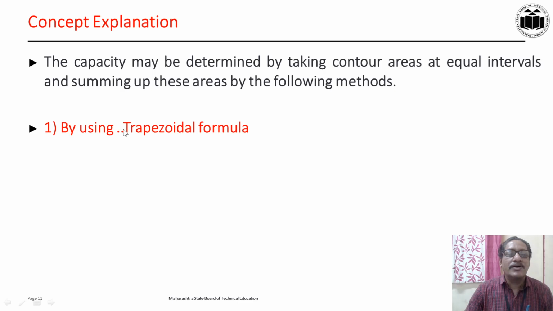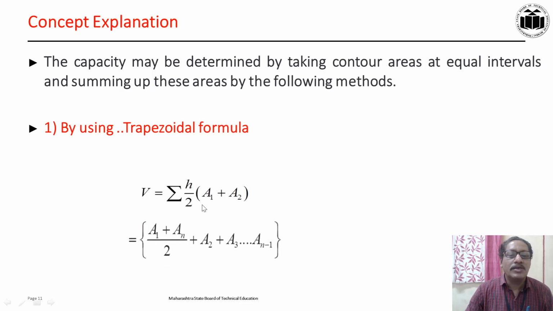The first is the trapezoidal formula, which is expressed by V equals summation of h by 2 into A1 plus A2, which is equal to h into [(A1 plus AN) divided by 2 plus A2 plus A3 plus A4 up to AN minus 1]. This is the expanded form of the upper step.